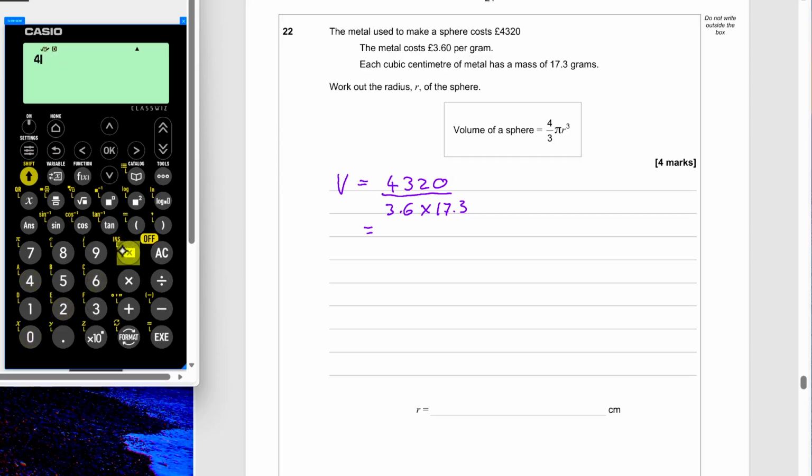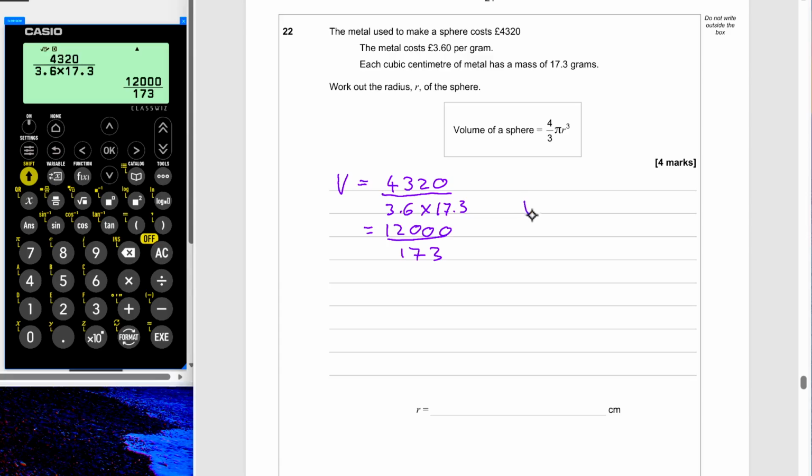No, I've mistyped. 4,320 over 3.6 times by 17.3. So that's going to give us our volume. We'll stick with that version though, 1200 divided by 173.